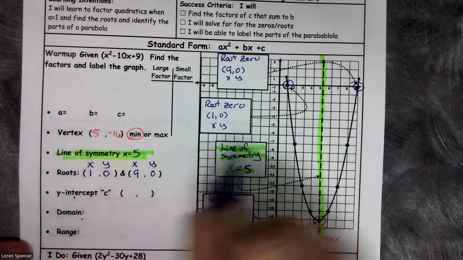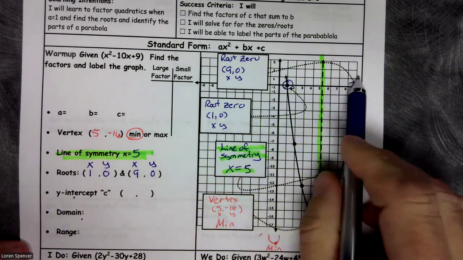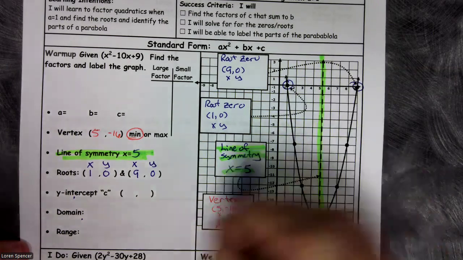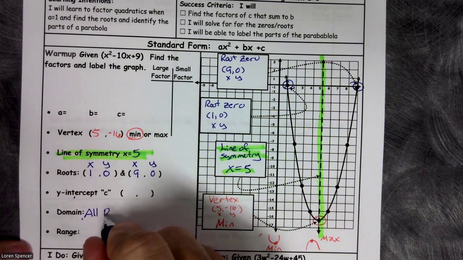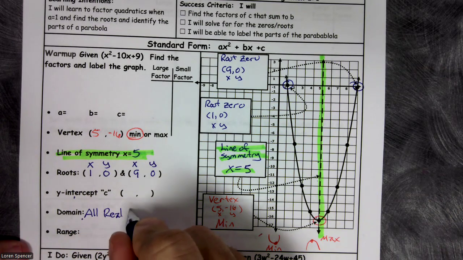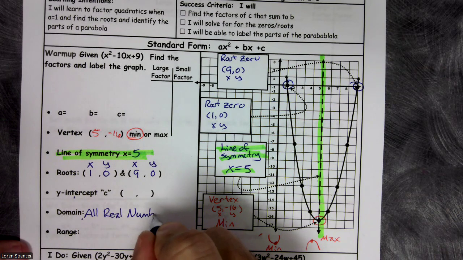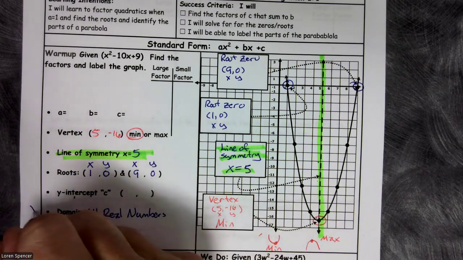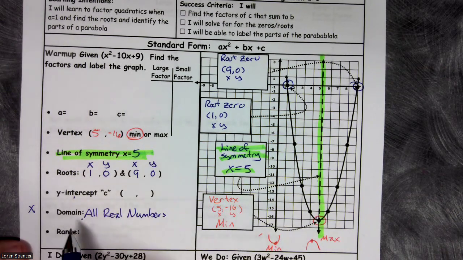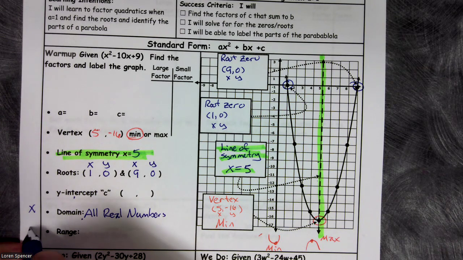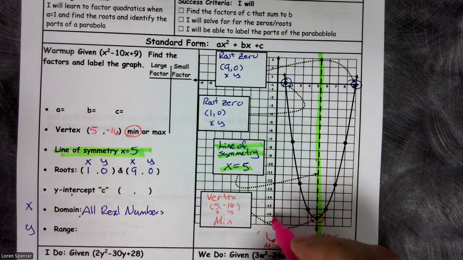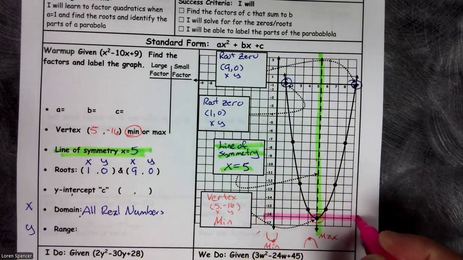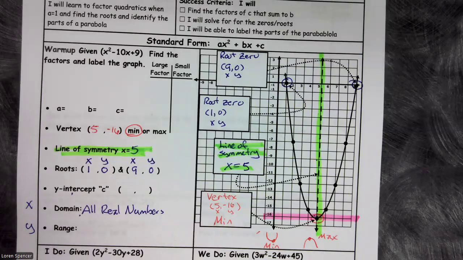Our domain. As long as we're dealing with a quadratic that's a function, it'll always be the same. So for algebra 1, all real numbers. And remember, the domain is the x values. The range, on the other hand, is the y values, and you have to be careful with this because you're going to start at the lowest point. Well, the lowest point on this is at negative 16.